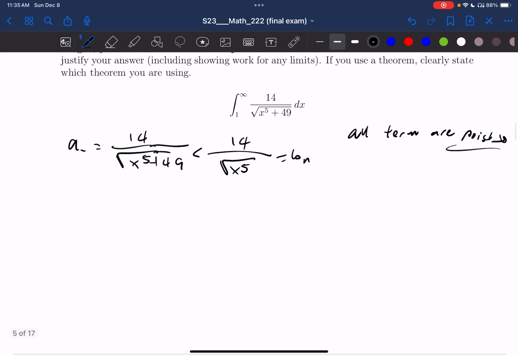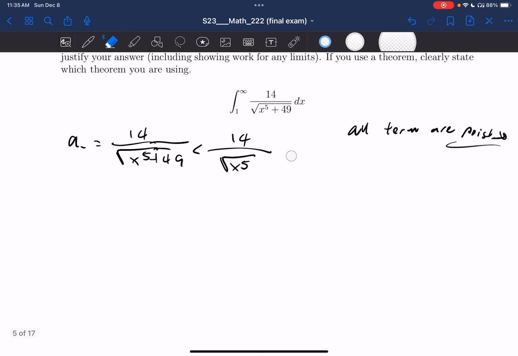If we compare to this, we can say this is equal to 14 divided by x to the 5 divided by 2, which is x to the 2.5.